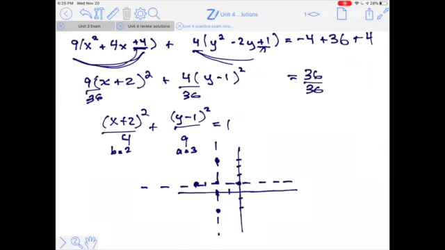So that gives me the endpoints of my major and minor axes there. And I've never been good at drawing these things. But that's not bad right there. I gotta say, I'm pretty proud of that one.